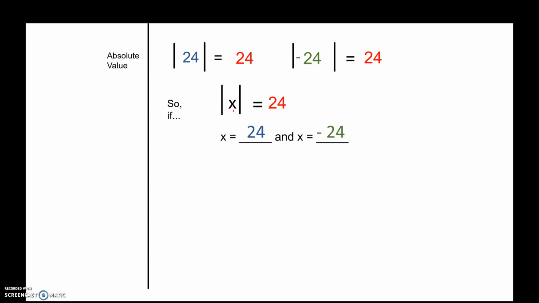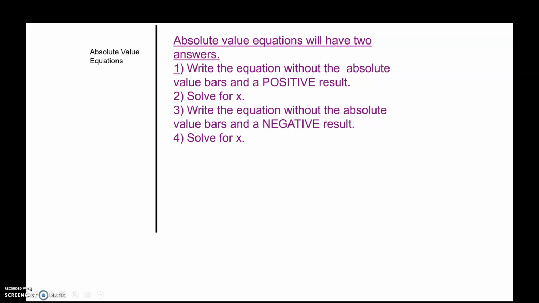What I'm asking is, what numbers can I plug into this that are going to make it become a positive 24? As we just saw above, a positive 24 could go into the x, and so can a negative. So anytime you see an absolute value equation where x is in the absolute values, you're going to end up with a couple answers. So let's look at some, and that's what this is telling you. Copy these down.